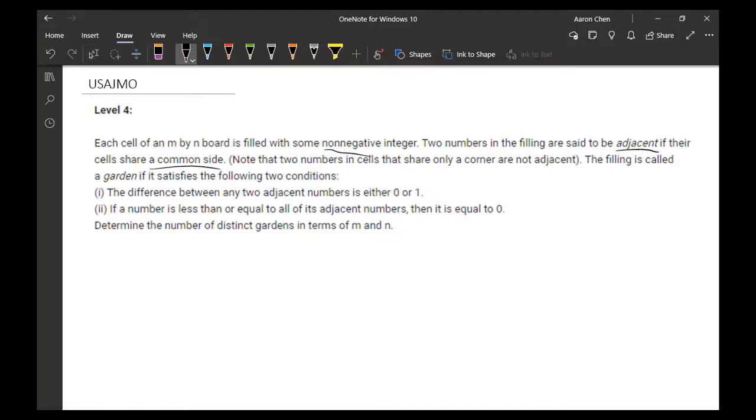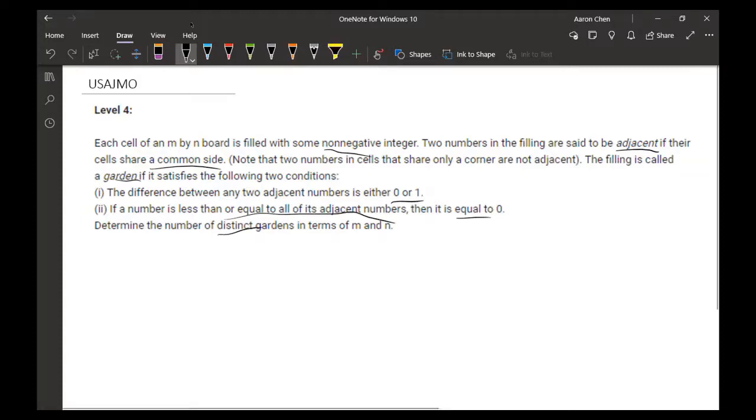The filling is called a garden if the following two conditions are satisfied. The difference between any two adjacent numbers is either 0 or 1, and if a number is less than or equal to all of its adjacent elements, then it's 0. Okay, and so we want to find the number of distinct gardens in terms of m and n.